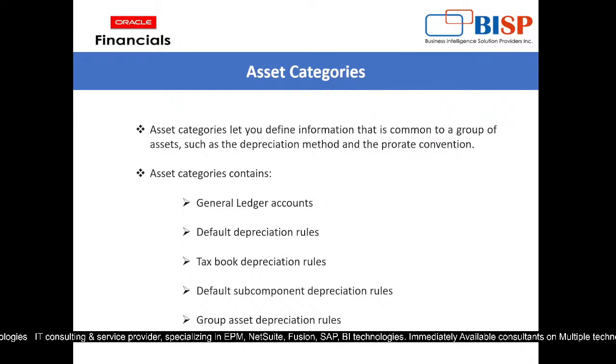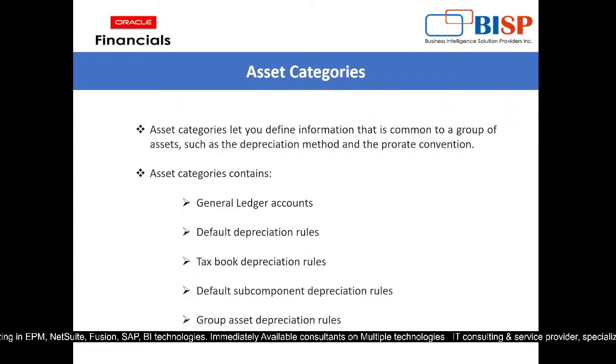That's why this is a required task. Asset categories help you define information that is common to a group of assets, such as the depreciation method and the pro-rate convention. Then in the asset categories there are general ledger accounts, the default depreciation rules, the tax book depreciation rules, default subcomponent depreciation rule, and group asset depreciation rule.